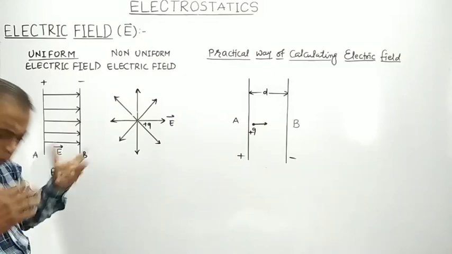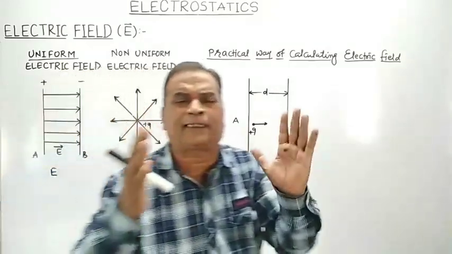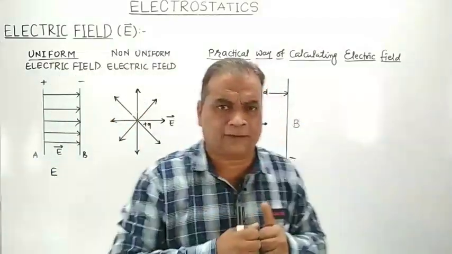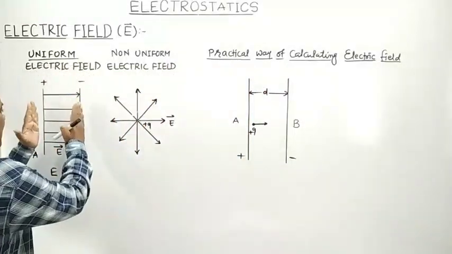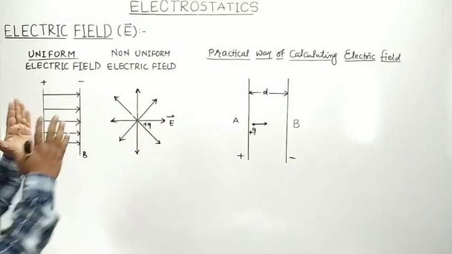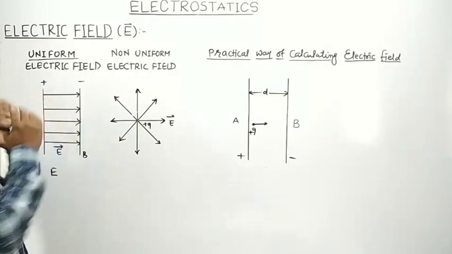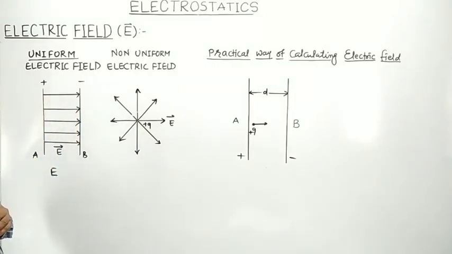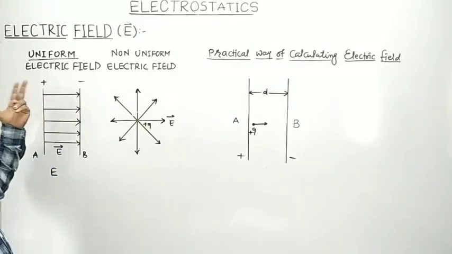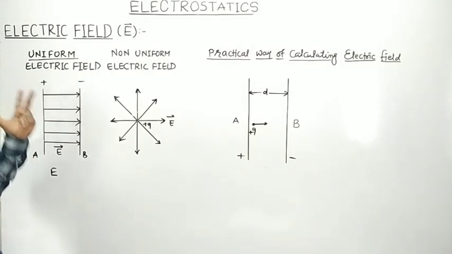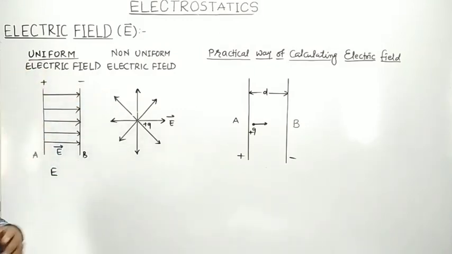So, where is such a uniform electric field produced? Suppose we have two metal plates kept parallel to each other and close to each other. Let plate A be given positive charges and the other plate B be given negative charges.